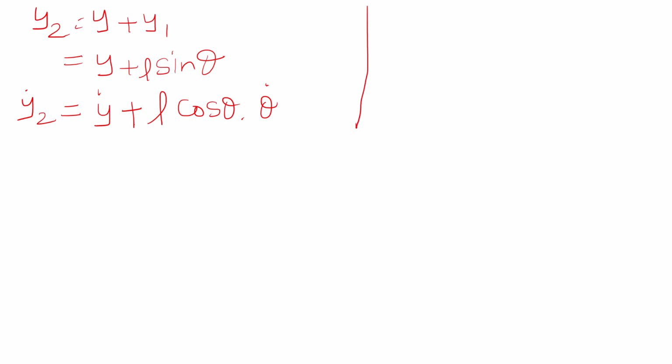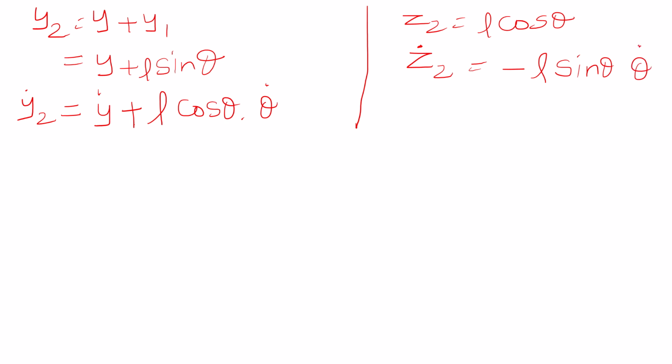We have already seen Z2 is equal to L cos theta, so Z2 dot is equal to minus L sin theta theta dot.